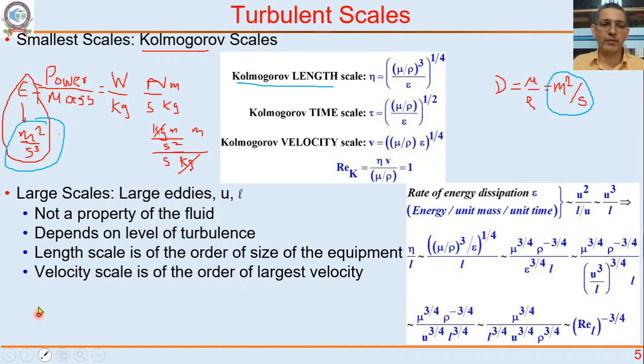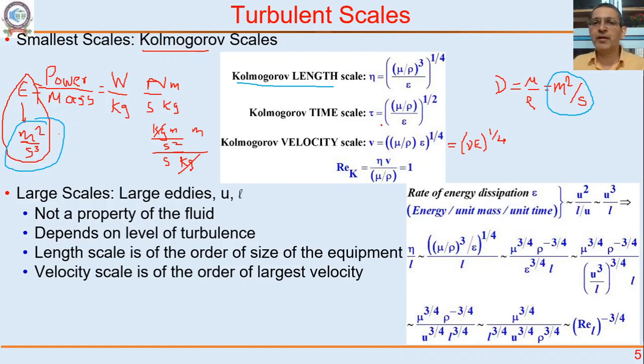Let me write that once again: nu into epsilon raised to 1/4. If you divide nu by epsilon, meter square per second divided by meter square per second cube, you get second raised to half.